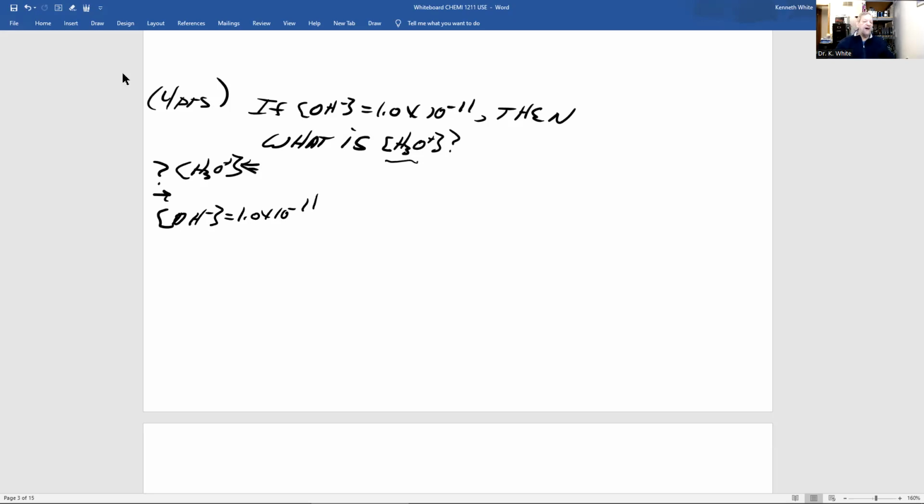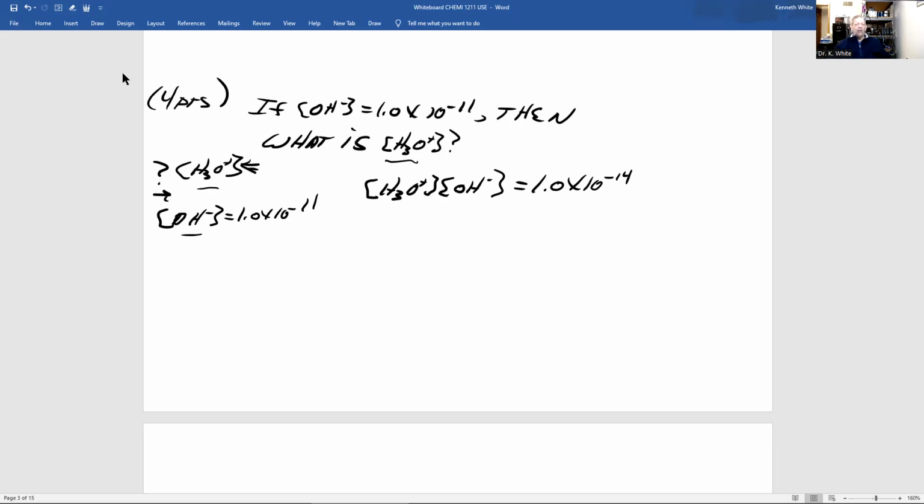Now, as soon as you see a problem with hydronium ion concentration and hydroxide, you should remember, and this is in test number 4, important information: the hydronium ion concentration, H3O plus, times the hydroxide equals 1.0 times 10 to the minus 14.